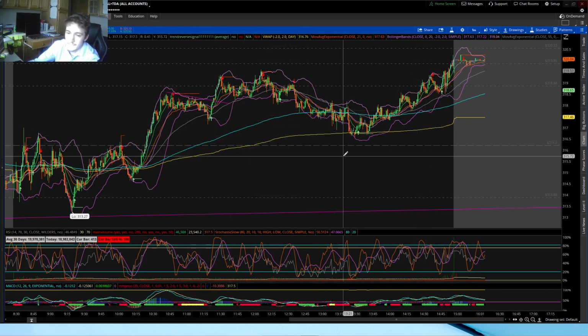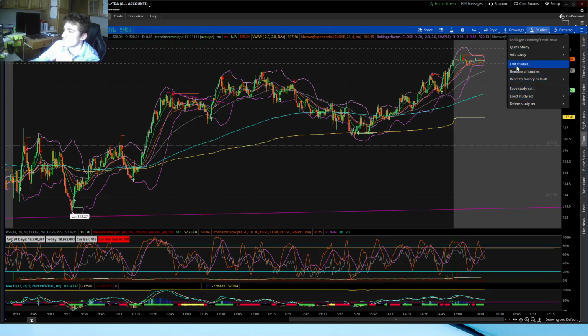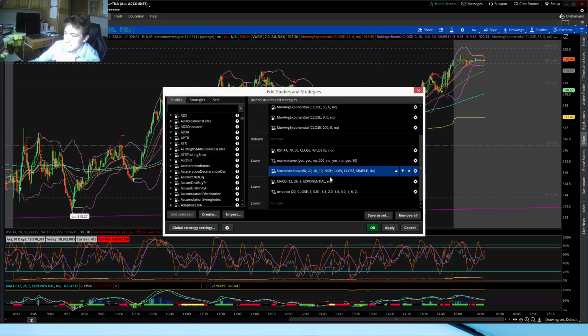So let's see, indicators. I don't know if you guys knew this, but if you go to studies, edit studies, you can actually add more than one study together. So I have my TTM squeeze with my MACD together. I don't know if you can see that.